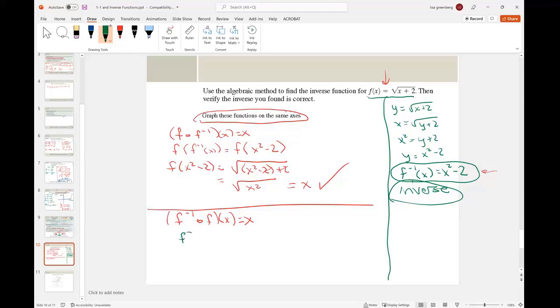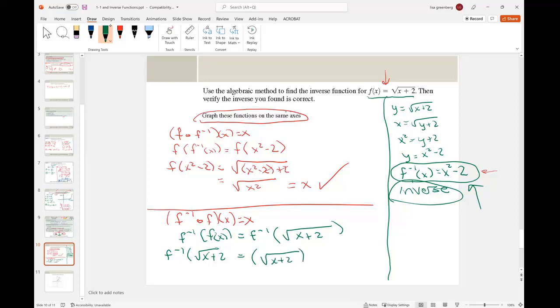So I have f inverse of f of x. Well, f of x is equal to the square root of x plus 2. So if I have the inverse of the square root of x plus 2, I'm now plugging it in here. So it is equal to the square root of x plus 2, squared, minus 2.